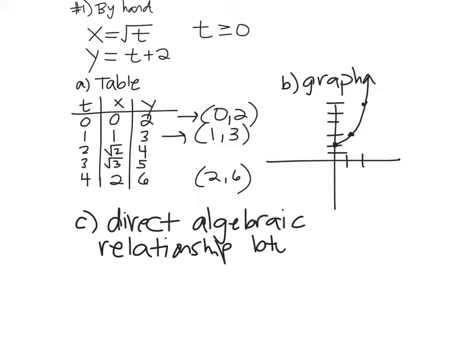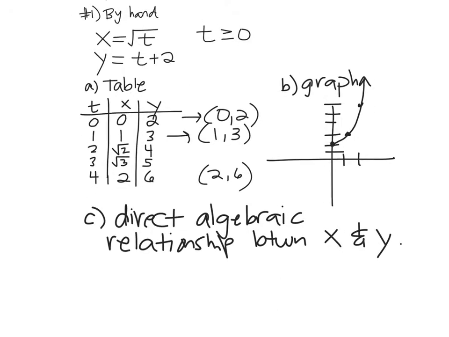What that means is it's a fancy way to say eliminate t. Get rid of that parameter. Write it the way I normally write graphs. Okay, don't have t in there. I want it just x and y like I'm used to.